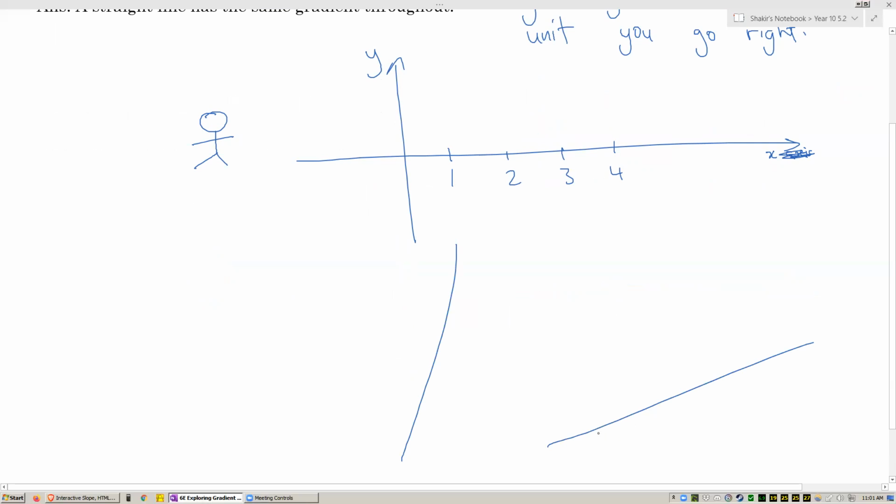And the way you describe that is how much do you go up for every 1 unit that you go to the right? If it's a very steep line, then you'll go this high. If it's a very shallow line, then you'll only go this high.